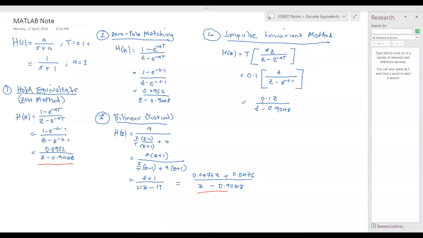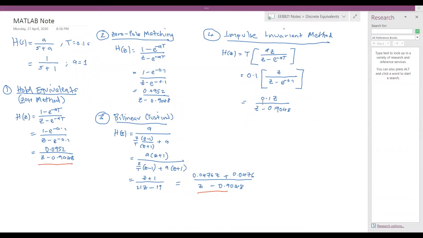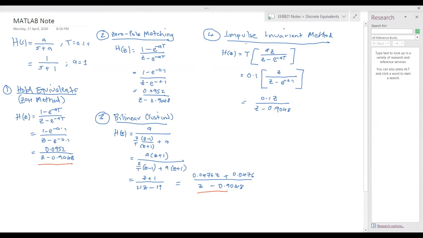Now let's look at the last one, which is the impulse invariant method. So using the impulse invariant method, we got the result as Iz over z minus e to the power minus IT, and if we substitute I and T, we get z over z minus e to the power minus 0.1.